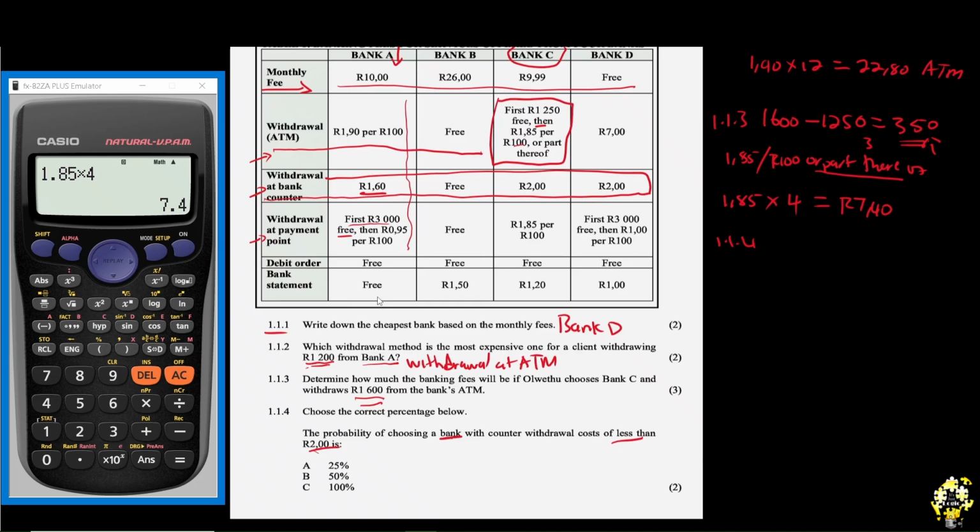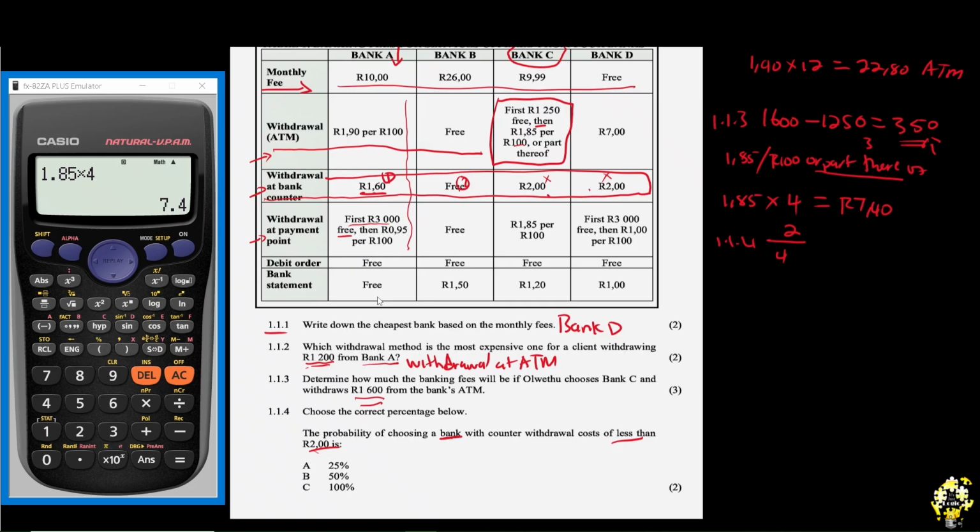So how many banks have costs of less than 2 rand? We are marking one here. This one is less than 2 rand. This one is less than 2 rand. Nope, it's not. Nope, it's not. So that means we are going to have 2, which is the possible outcomes, over 4, which is the total outcomes, because we have 1, 2, 3, 4 banks.